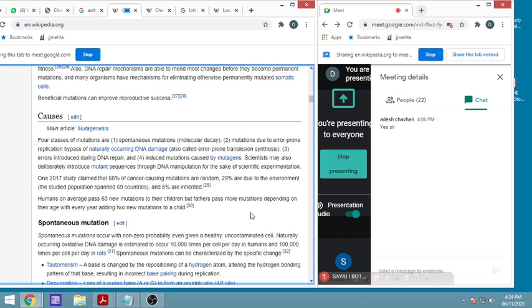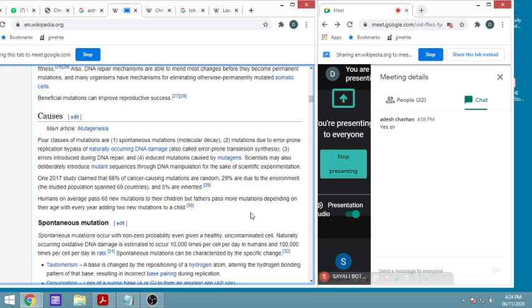These checkpoints ensure that there is no damage. However, if somewhere there is a failure of these checkpoints, and all these proteins, like CDC and CDKs and various proteins that we saw in our previous section on cell and cell development.